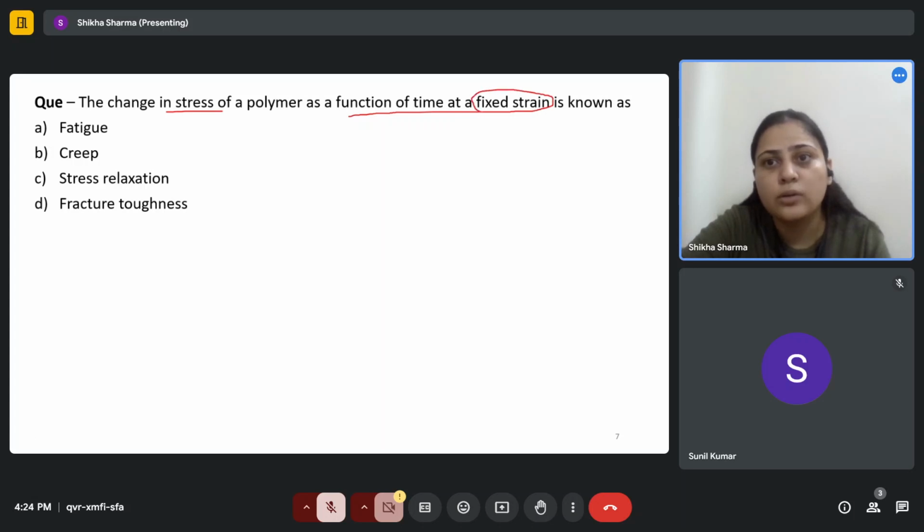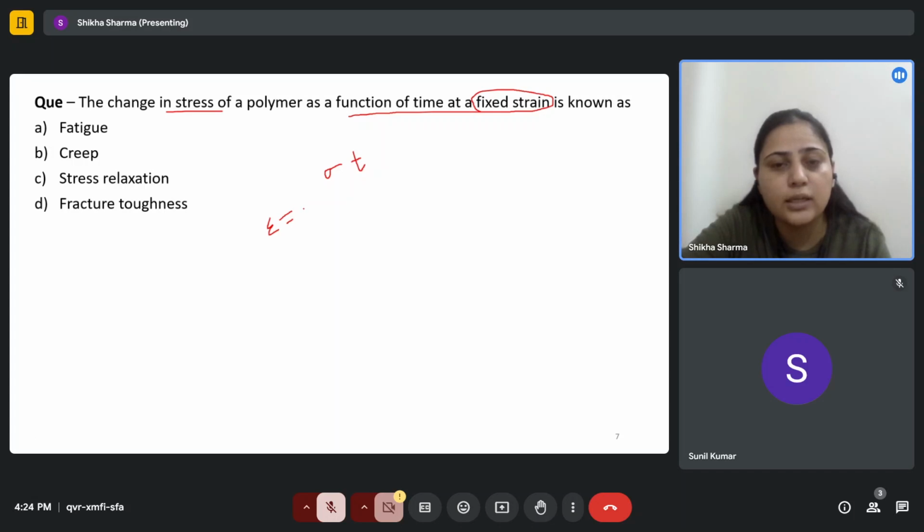Means stress is changing with the time, and strain is constant. So what is this known as? Fatigue, creep, stress relaxation, fracture toughness.